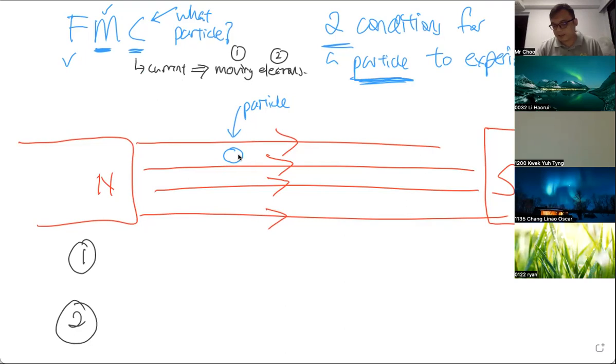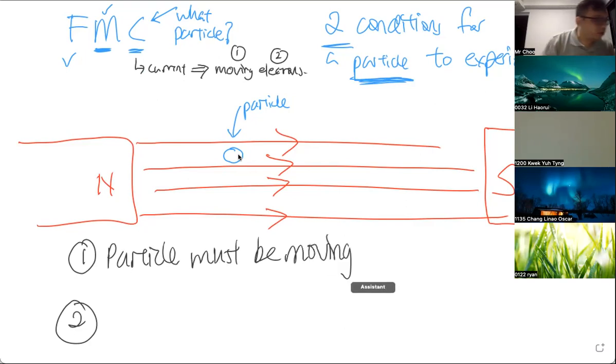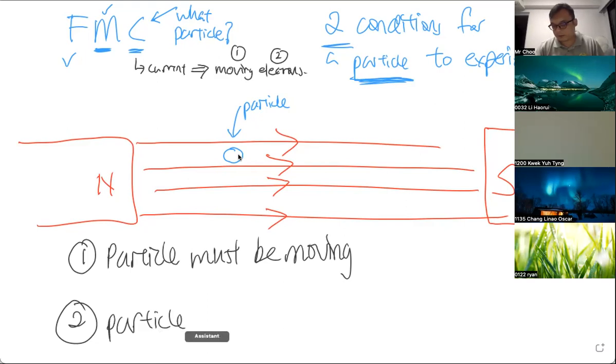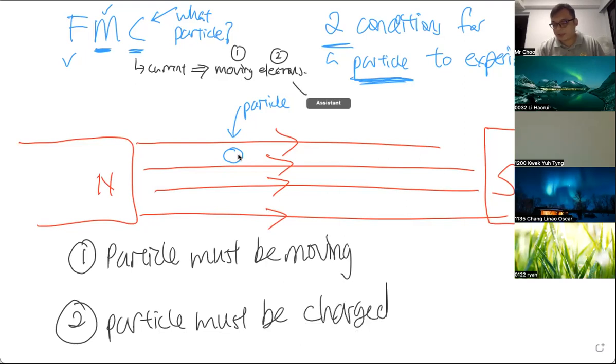The particle must be moving. That's number one. Number two, the particle must be charged. In this case, electron is negative charge.